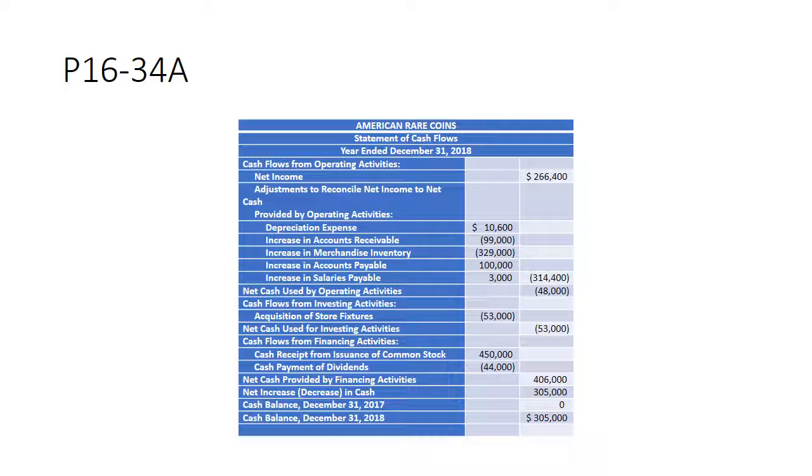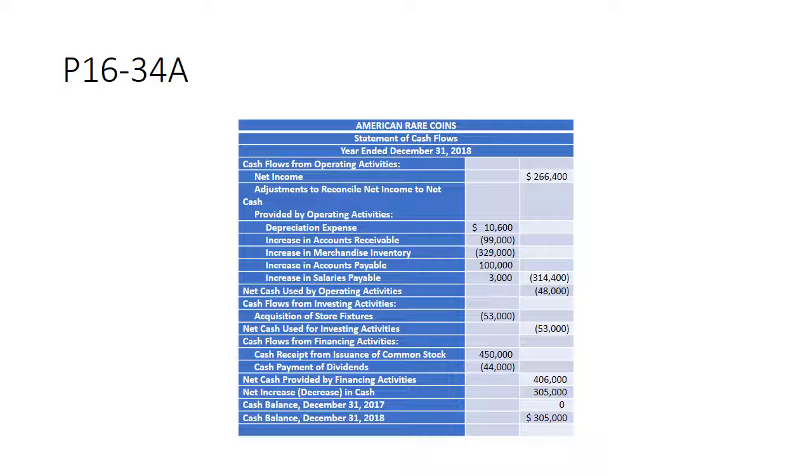Subtract that from net income. So what that's saying is that difference of $48,000, that's how much cash we used beyond what we brought in to do our normal operations. So we spent more to operate our business than we brought in cash by $48,000. And that's how we convert net income to net cash flow for operations.